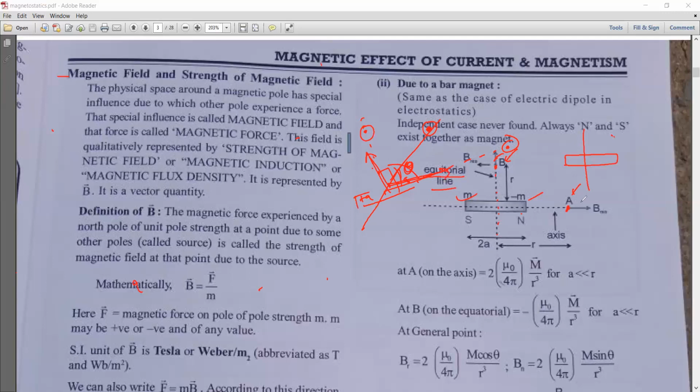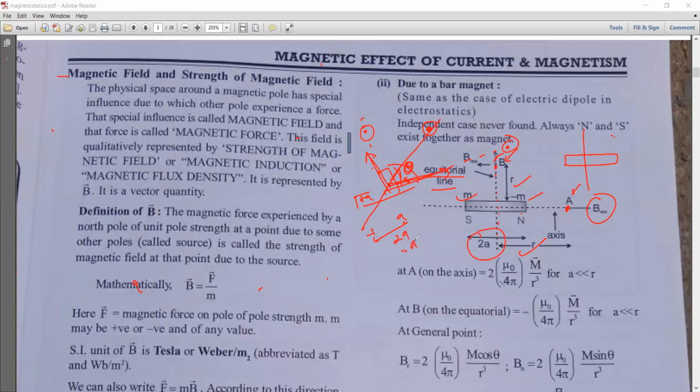So here we are trying to calculate the magnetic field on the axis at distance r, and on a vertical line, that is the equatorial line, at distance r. So the distance is r in each case, and the length of the magnet is 2a. In the dipole you also know plus q and minus q, the distance between them is 2a, right?